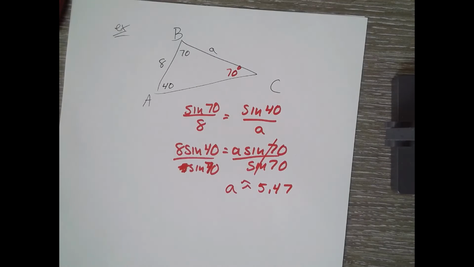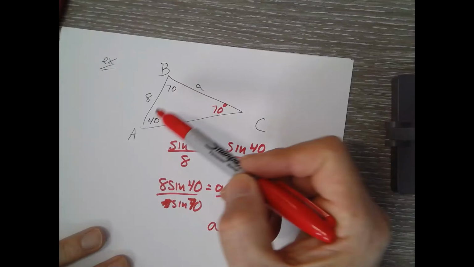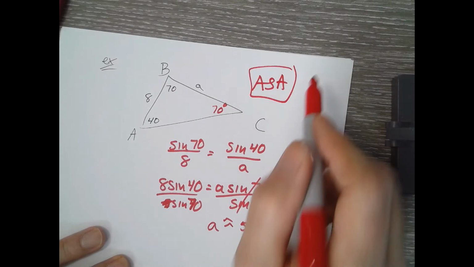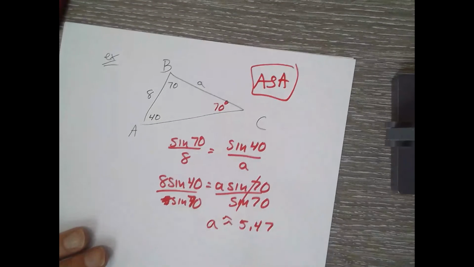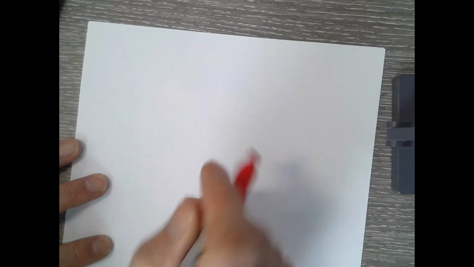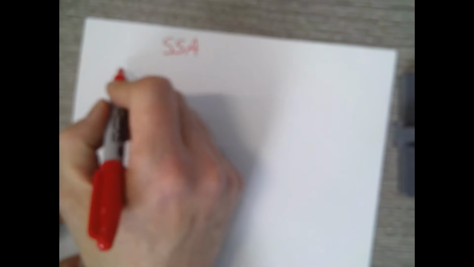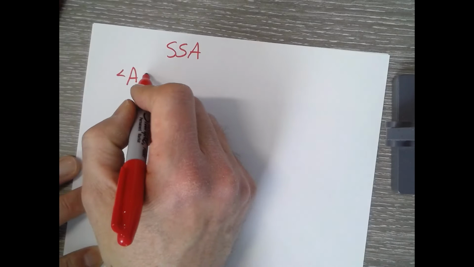Okay, so those are the first two scenarios. This is an angle, side, angle scenario. So the first one was angle, angle, side. Now we have an angle, side, angle. The third one is the trickiest. Okay, it's the side, side, angle. We don't want to spell that the other way because we're way too mature for that. But let's say I have angle A is equal to 40 degrees.